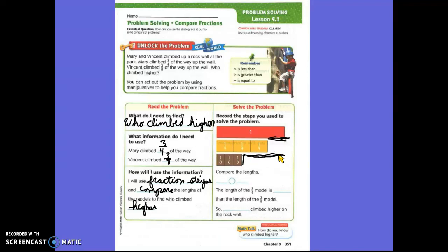Okay, so let's compare the lengths. Compare means you say greater than, less than, or equal to. So, 3/4, boys and girls, is what to 3/8? Is it less than, greater than, or equal?